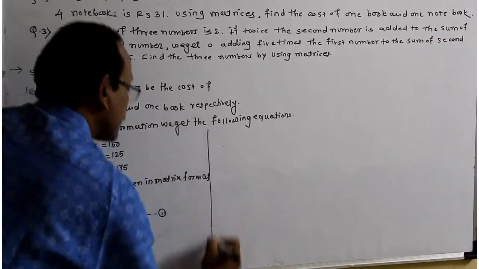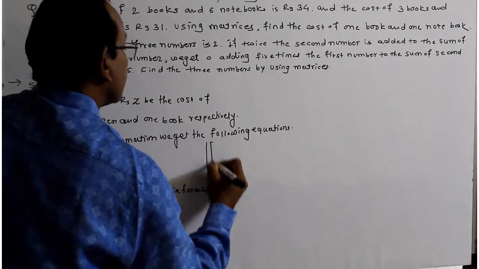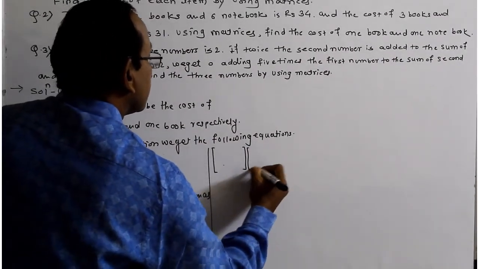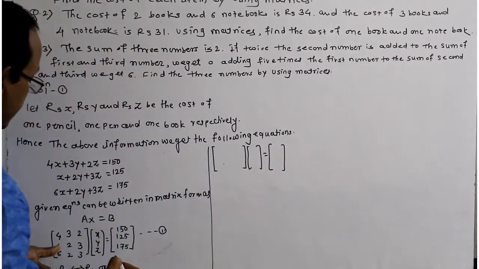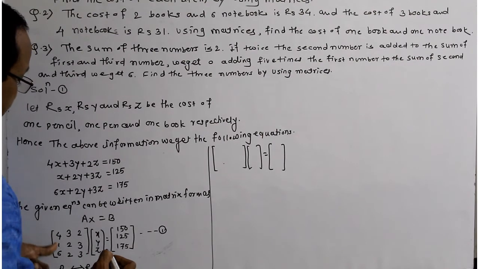So now this matrix, interchange the first row and the second row.